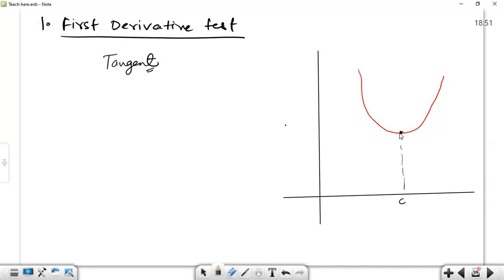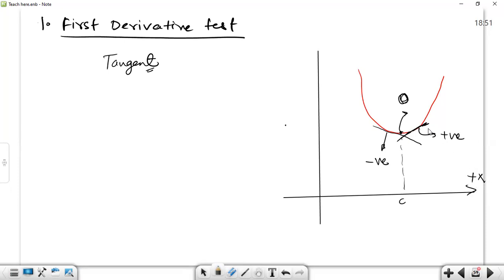On this particular point, the tangent would be zero. On this point, the slope of the tangent would be negative. And on the point ahead of this critical point, the slope of the tangent would be positive because it would be making a 0 to 90-degree angle with the positive x-axis.